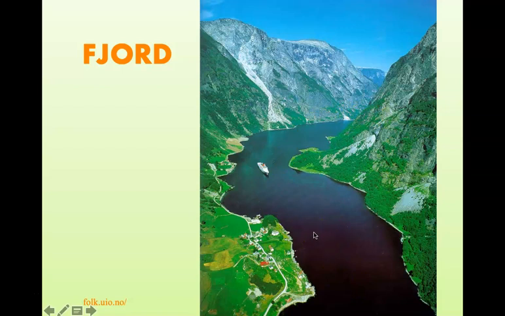Back in the days of warring armies and whatnot, these were great places to try and sneak into cities and countries. These were places to heavily protect if you lived here. But right now, in terms of relative peace and quiet in the world where we are, they're just beautiful places where cruise ships can come in and out of. Fjord.